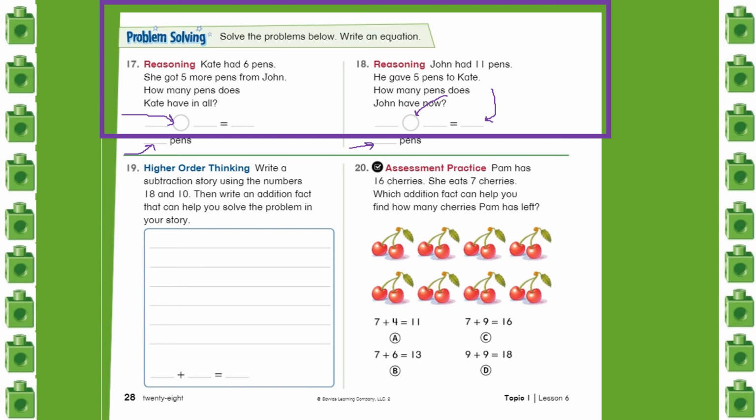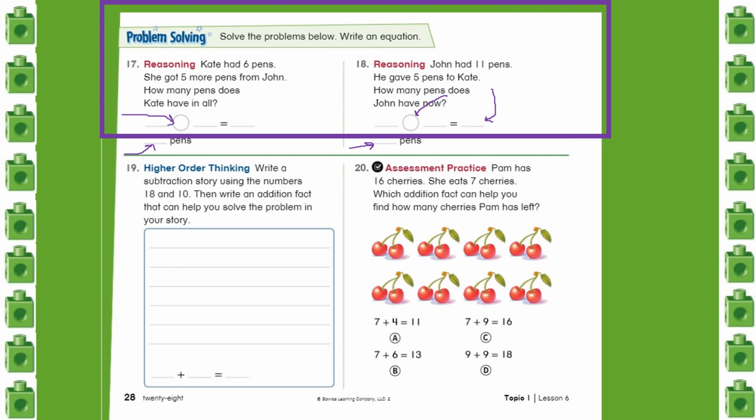Number 19, higher order thinking. Here we go again. Write a subtraction story using the numbers 18 and 10. Then write an addition fact that can help you solve the problem in your story. Ooh, okay, this is going to be a little difficult.